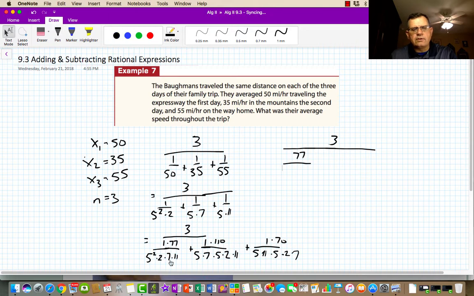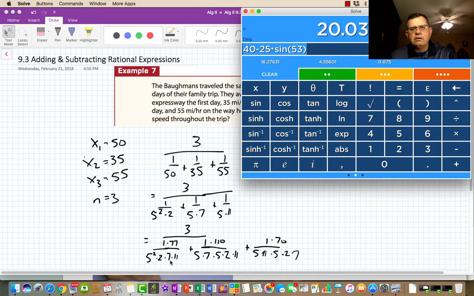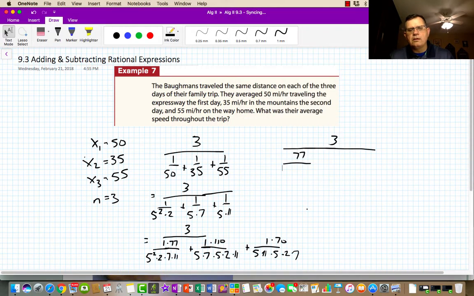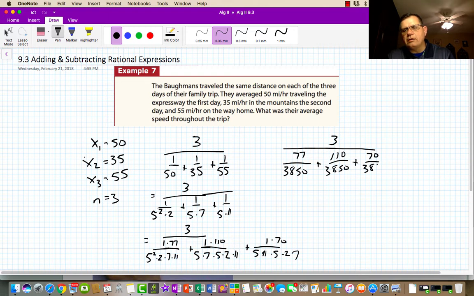Let's do that on a calculator. I'm running out of ability to do that in my head. So I've got 25 times 2 times 7 times 11. It's 3850. This is 3850 plus 110 over 3850 plus 70 over 3850.